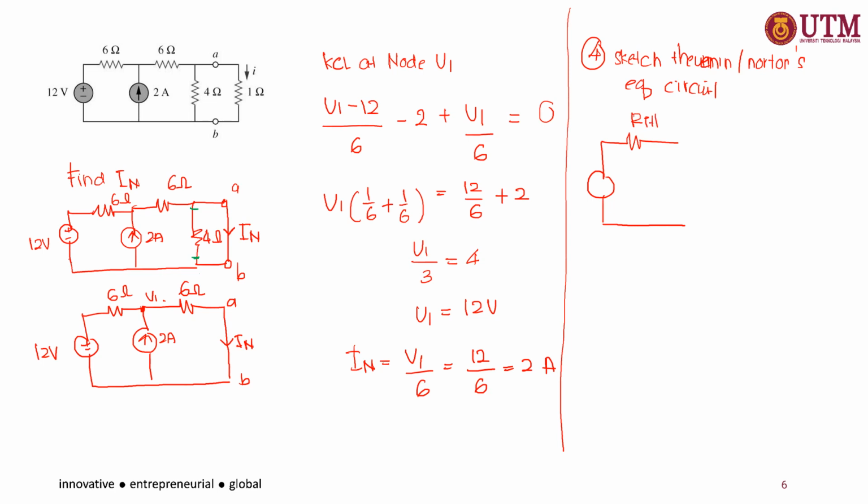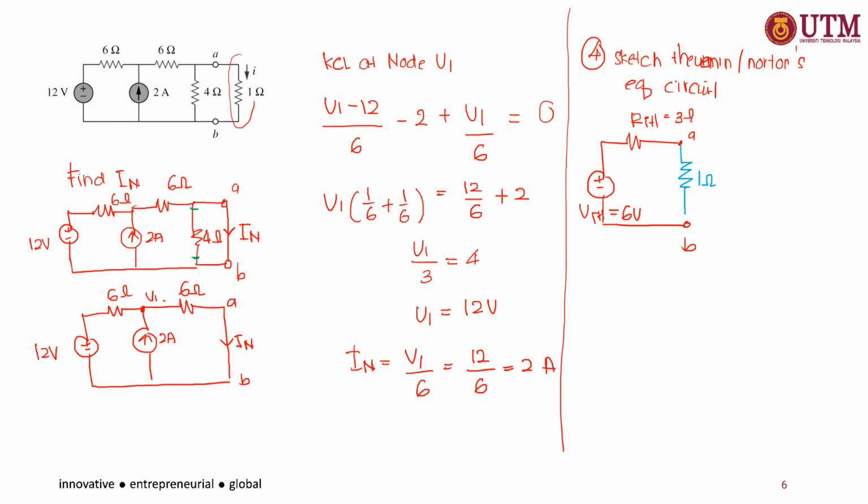This is your RTH, this is your VTH, where your RTH is equal to 3 ohm. This is terminal A, this is your terminal B, and then this is your VTH equal to 6 volt. And then if you want to put back your load here, this will be your load, which is equal to 1 ohm.